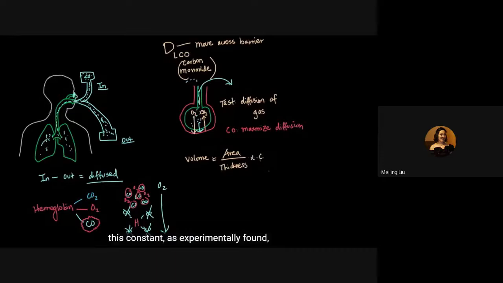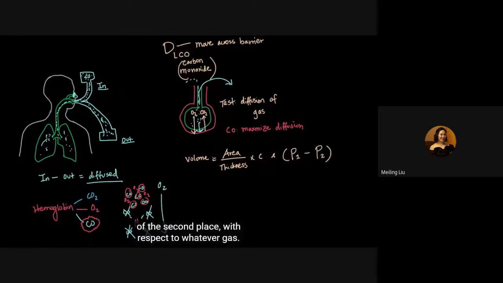This constant, it's experimentally found, is related to the gas, so we're not going to worry too much about that. But it's also related to the partial pressure of the first place minus the partial pressure of the second place with respect to whatever gas.